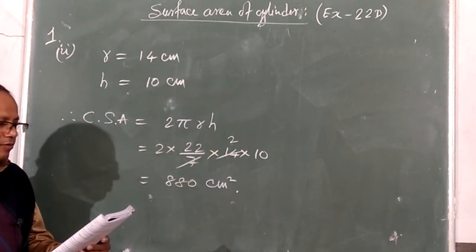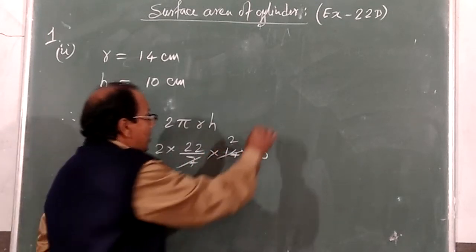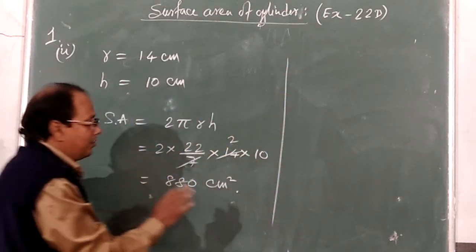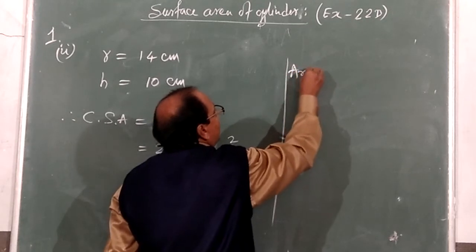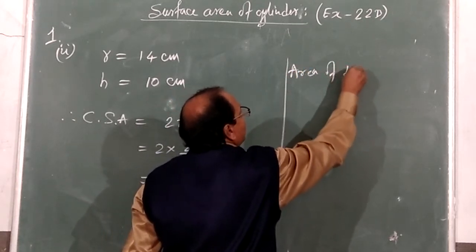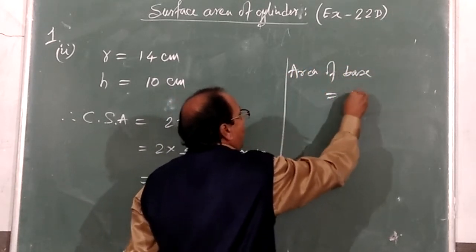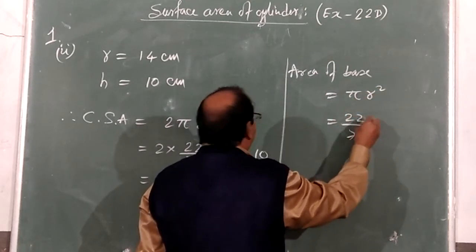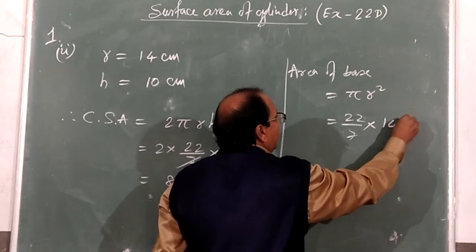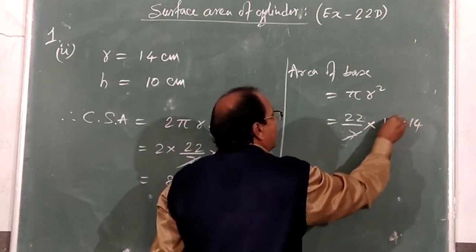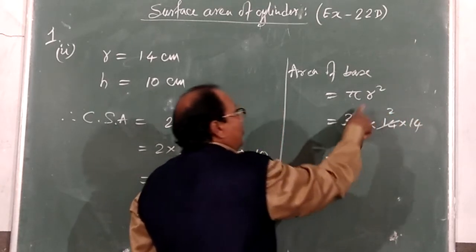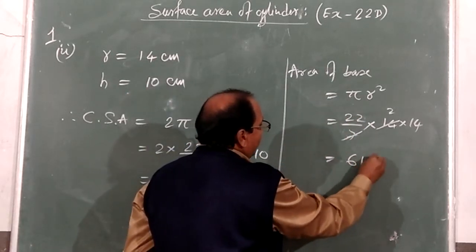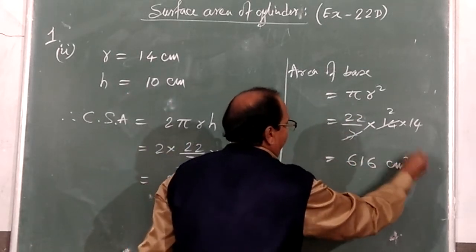Right. Now we will go for area of the base. Side by side you can go, or you can go downwards, right? So area of base equals pi r square, 22 by 7 into 14 into 14. So 7 to the 14, 22 into 2, 44, 44 into 14 is here 616 centimeter square.